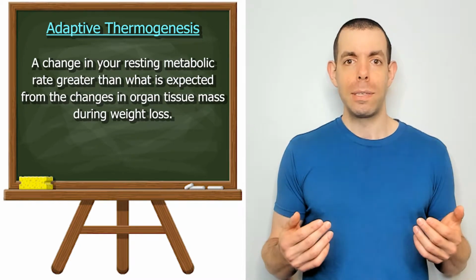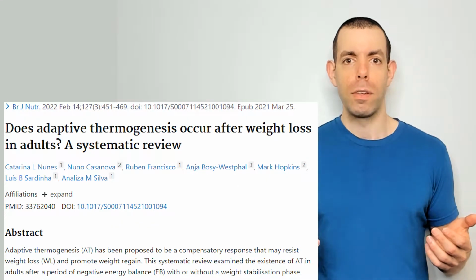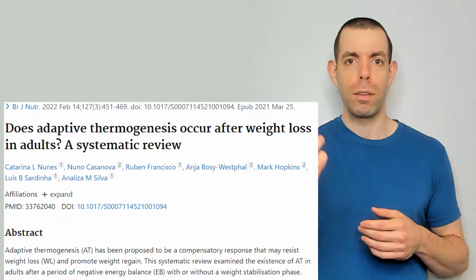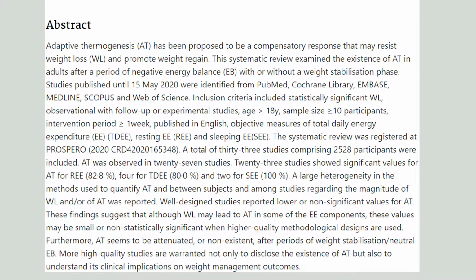A very recent systematic review summarized much of this literature, and you can see the results on the screen. In this systematic review, the authors evaluated 33 different studies looking at different components of the total daily energy expenditure, and 23 of them did find an adaptive thermogenesis component with the resting metabolic rate.